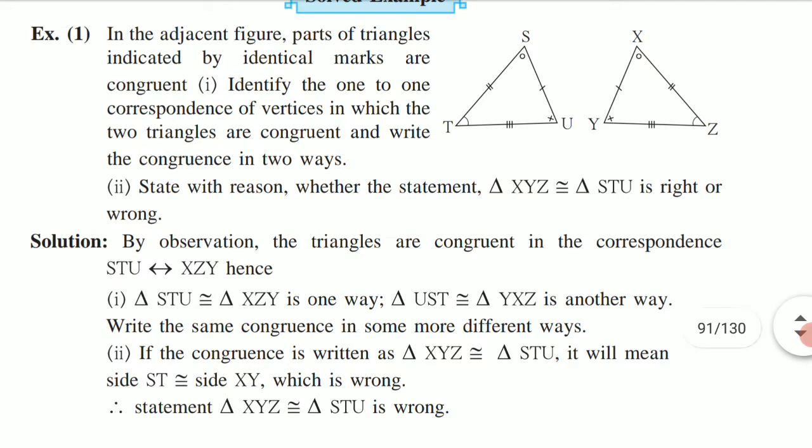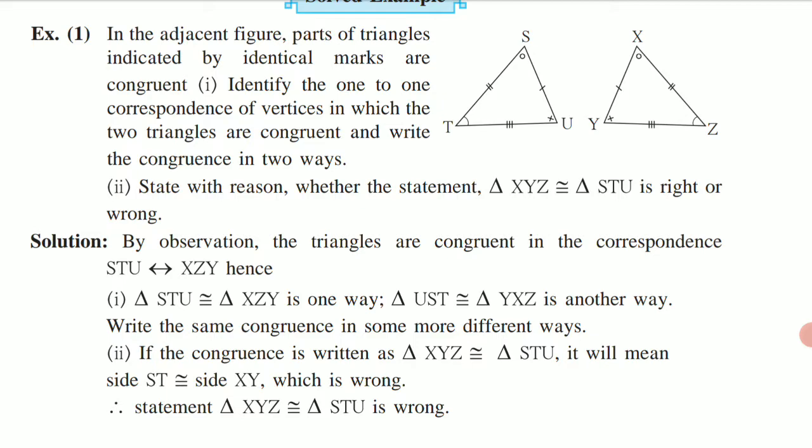By observation, the triangles are congruent. In the correspondence, STU corresponds to XZY. First, triangle STU congruent with triangle XZY is one way, and triangle UST congruent with triangle YXZ is another way.